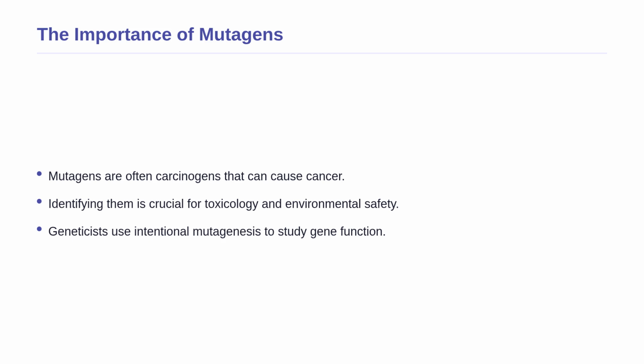By identifying these hazardous substances, we can regulate them in our food and workplaces to protect public health. On the flip side, geneticists actually use mutagens intentionally in the laboratory. By deliberately breaking specific genes, scientists can observe what goes wrong, helping them figure out what that gene normally does.